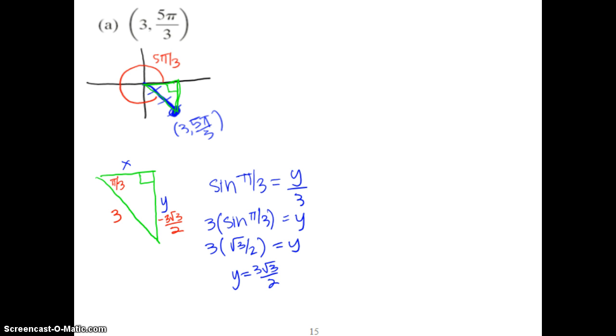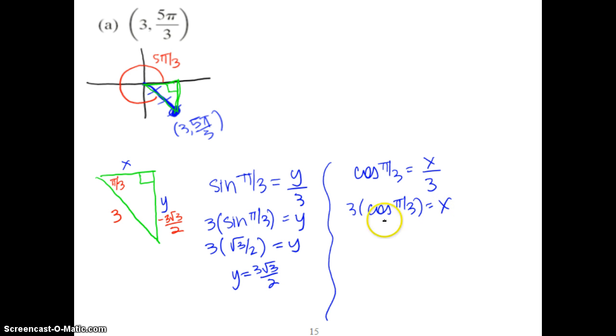Now if we want to find the x value, we do the same thing. We know that the x value is going to be with cosine. Cosine of pi over 3 is equal to x over r. So we say 3 times the cosine of pi over 3 gives us x. 3 times the cosine of pi over 3, which is 1/2, equals x. So x is going to be 3 over 2.